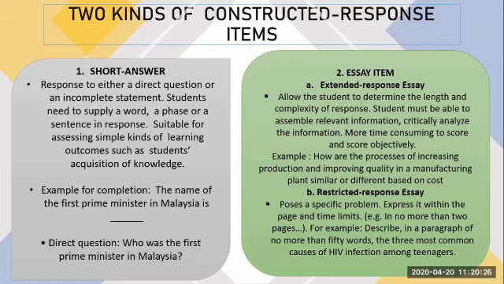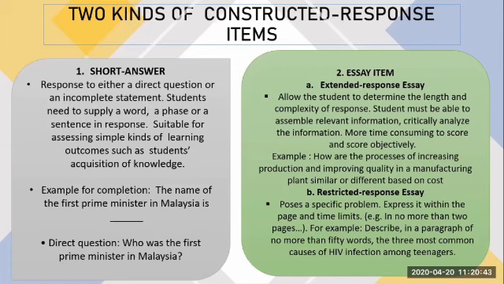For example, for extended response essay: how are the processes of increasing production and improving quality in a manufacturing plant similar or different based on cost?